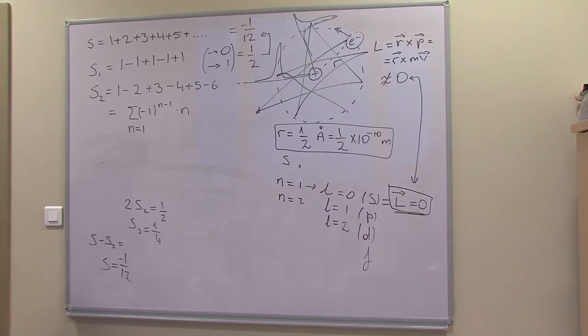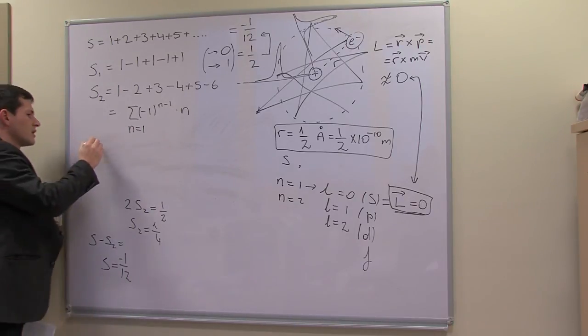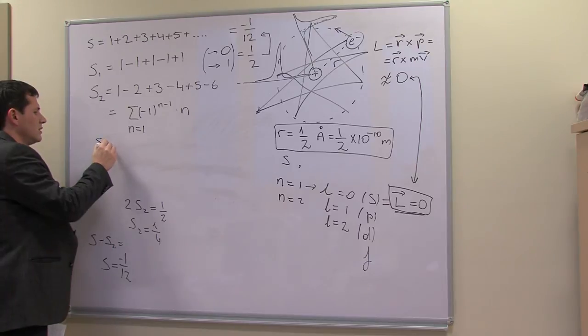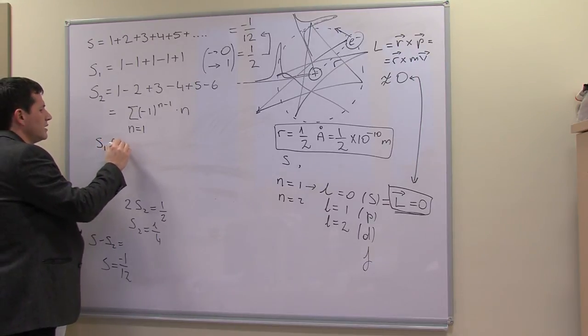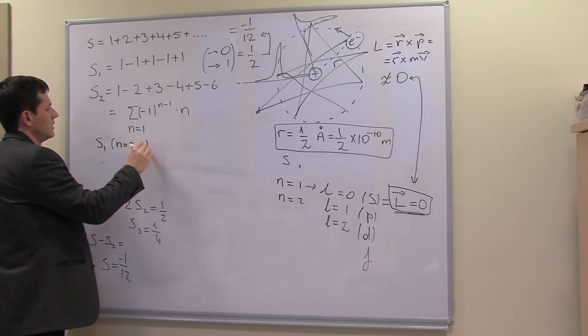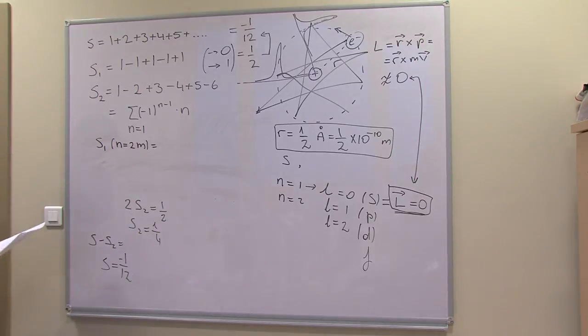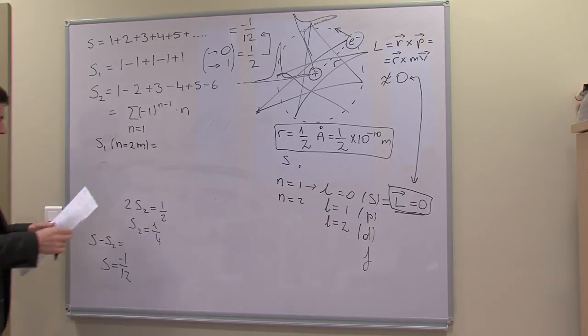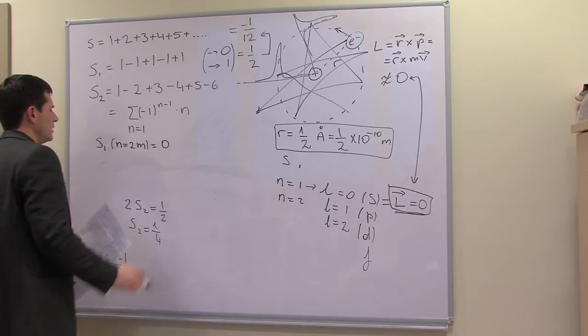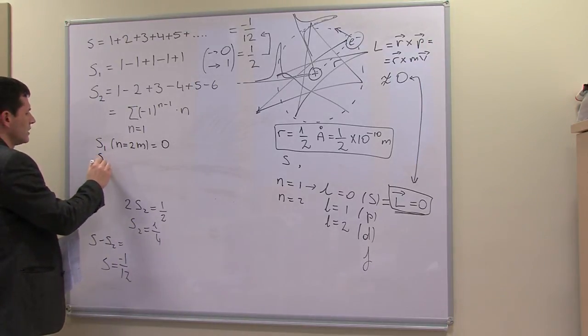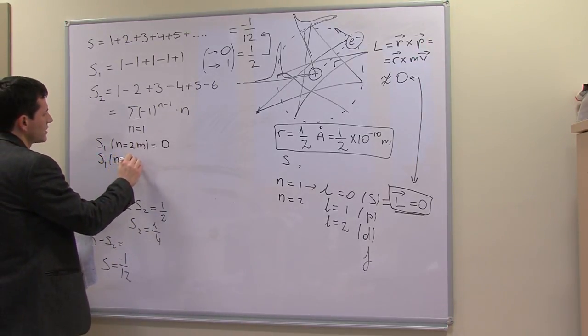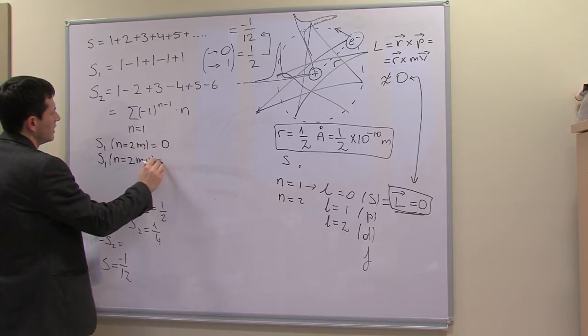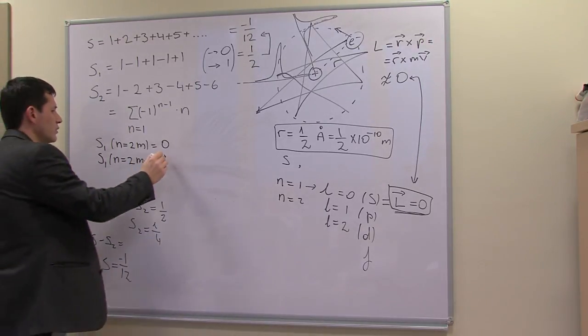One where n is an even number, and one where n is an odd number. So we can calculate this S1 when n is equal to 2m, and in that case S1 would be equal to 0, and then there is another S1 where n can be expressed as 2m plus 1. In this case S1 would be equal to 1.